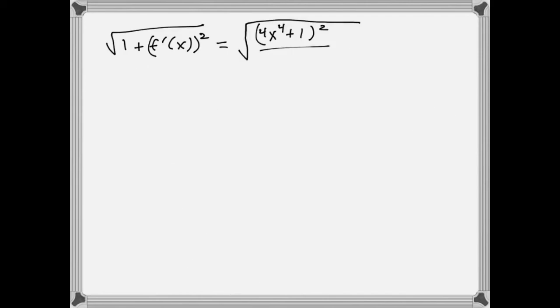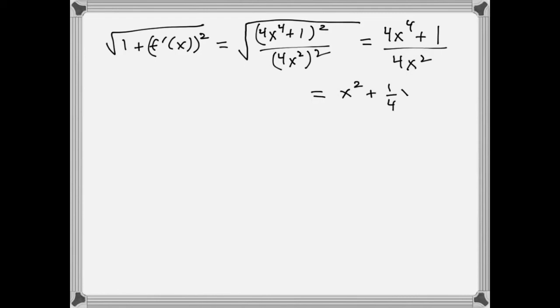I'm writing that down because we're about to take the square root of that, right? So, of course, since these are both perfect squares, you end up with just (4x^4 + 1) over 4x squared. Which is actually x squared plus 1/4 x to the negative 2, okay?